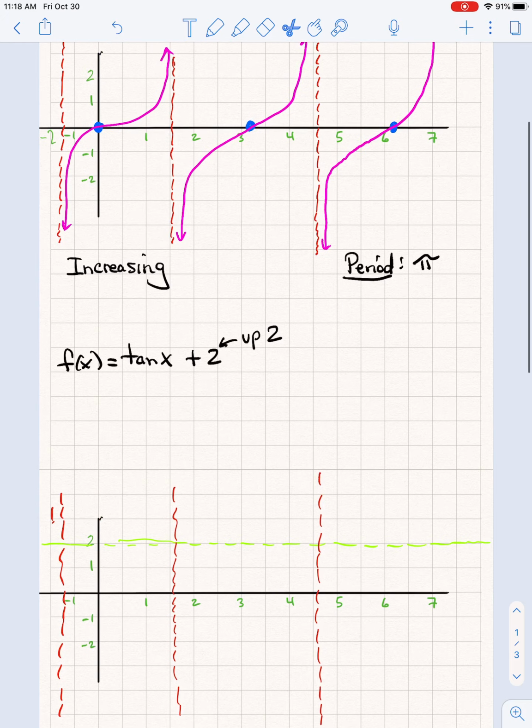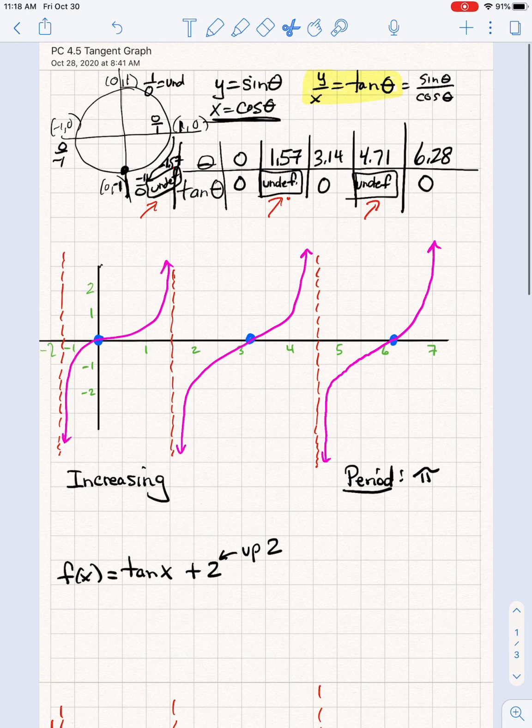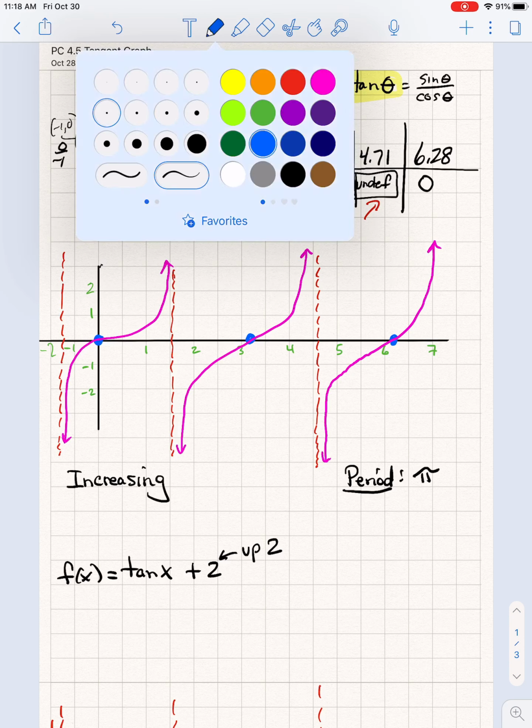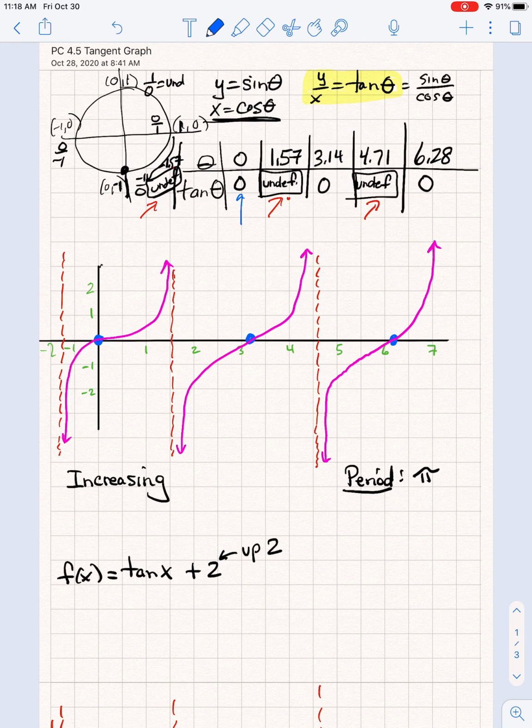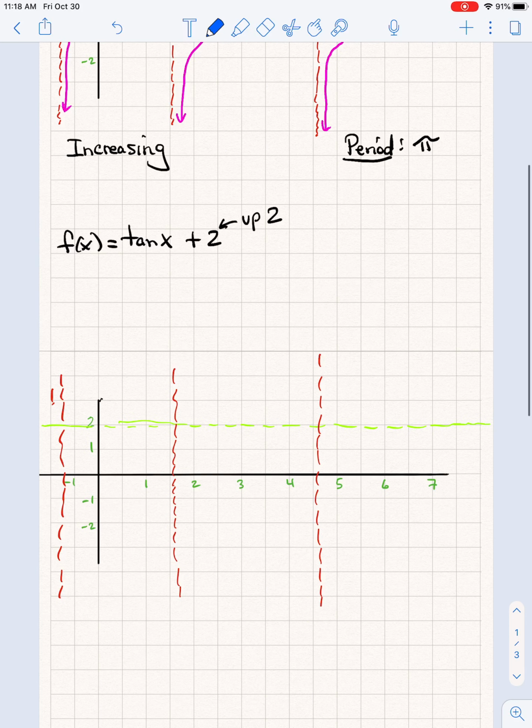Now where are the zeros going to go? The zeros are going to go on the midline: 0, pi, 2 pi. So 0 over here, at pi, and now here at 2 pi on the midline.